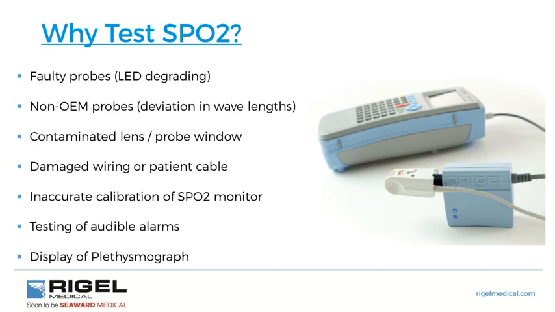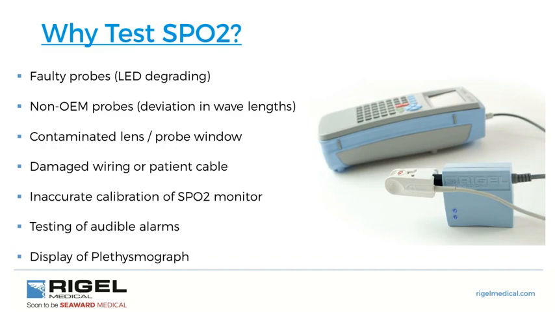Why test SpO2? Because we could have faulty probes, LEDs might degrade over time. We might have a mismatch of probes and monitors and deviation in wavelengths, because critically most SpO2 manufacturers will choose different wavelengths to determine different ratios in their own algorithms.